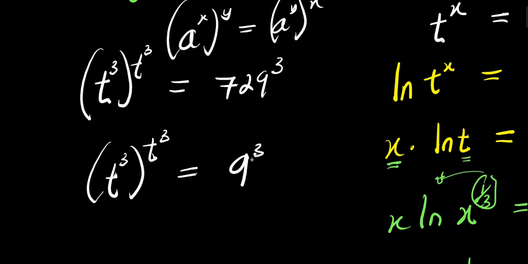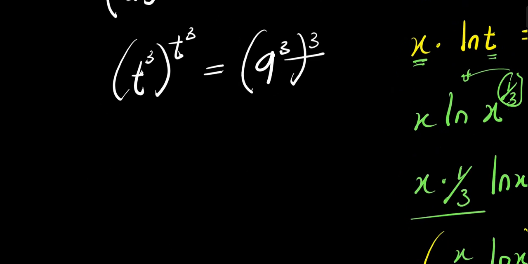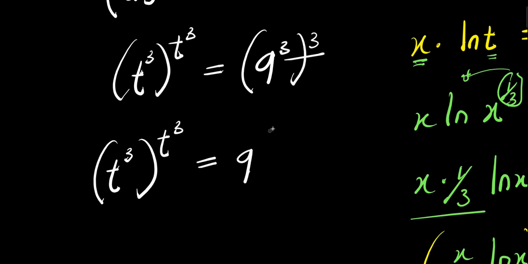It's 9 power 3, that is 9 times 9 times 9, and this is raised to the power of 3. Now I can multiply this exponent. t power 3 raised to the power of t power 3 equals 9 power 9.